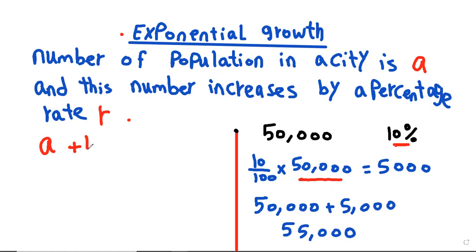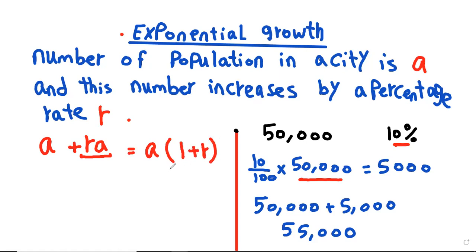So you will multiply R by A. So the number of people after 1 year is A, the original number, plus the increase in number, R, the rate multiplied by A. We can take A as a factor, so A multiplied by 1 plus R.